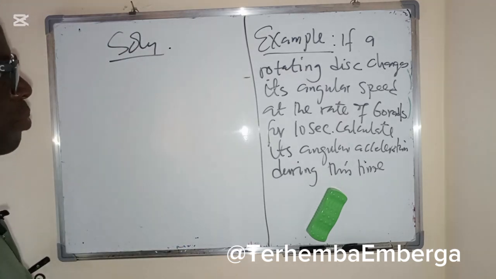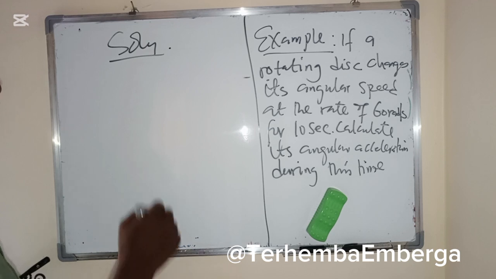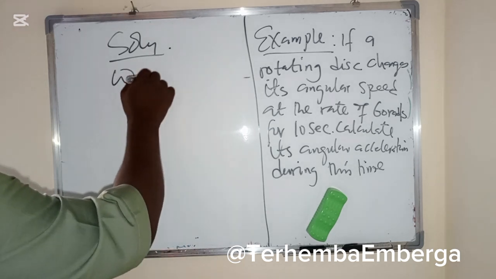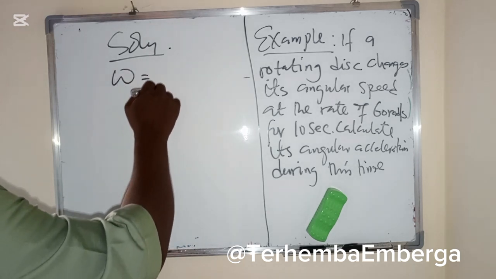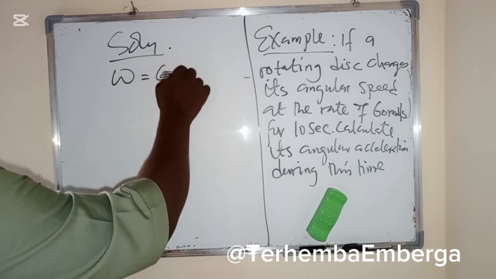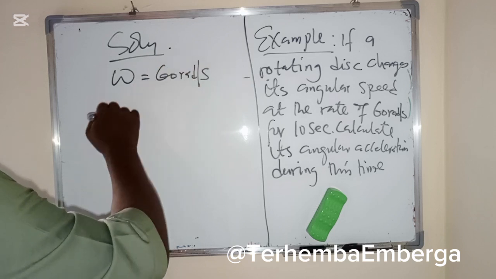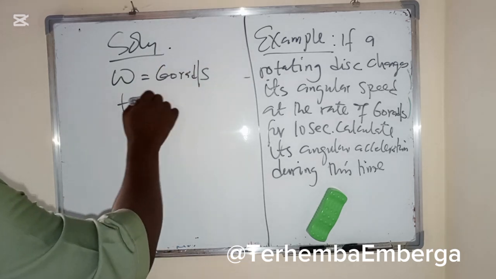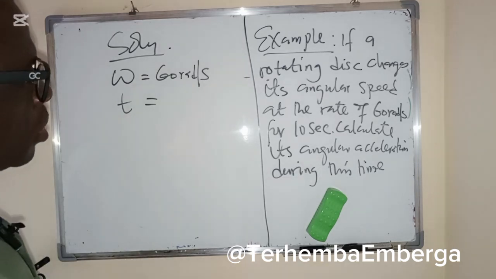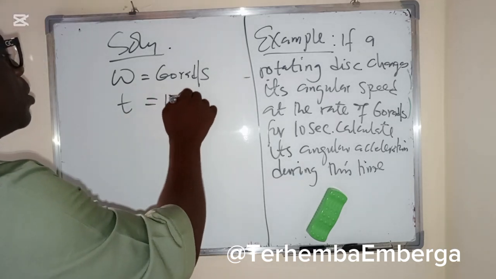The angular speed is given as 60 radians per second, and the time is 10 seconds.